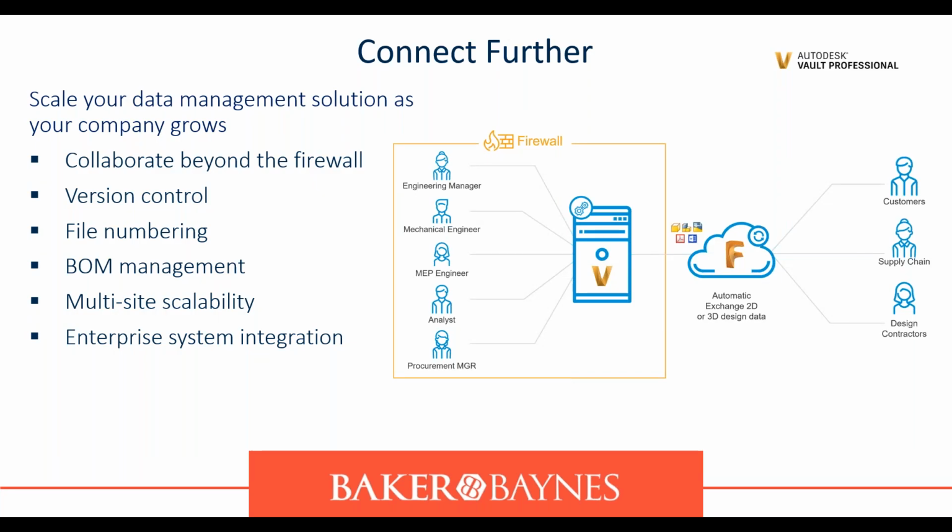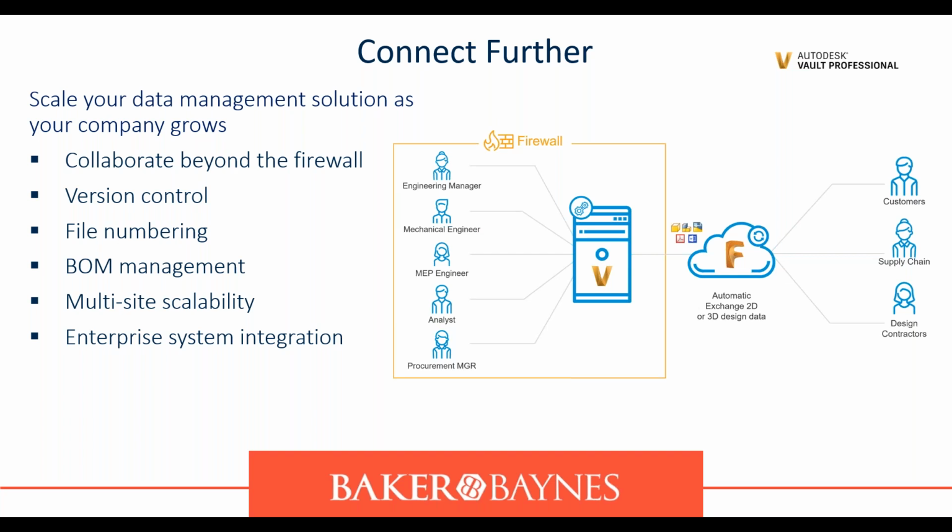Connect further. Earlier, we spoke about ways to manage your design and engineering data. We know that as your company grows, it is important to have a solution that is scalable. It becomes important to collaborate with stakeholders beyond the four walls of your building. Control the versions of your model history. Set up file numbering schemes for time savings and consistency among your design team. Extended capabilities for bill of materials and items management.